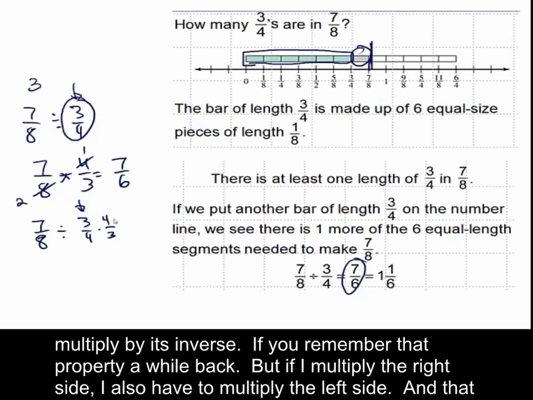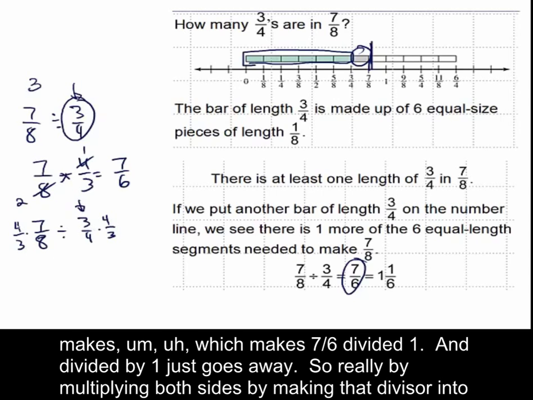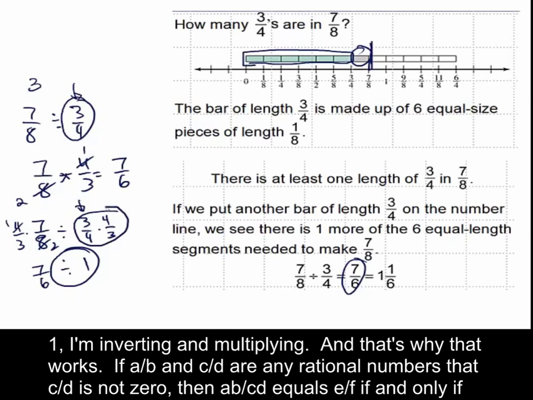But if I multiply the right side, I also have to multiply the left side, which makes 7/6 divided by 1, and dividing by 1 just goes away. So really, by making that divisor into 1, I'm inverting and multiplying, and that's why that works.